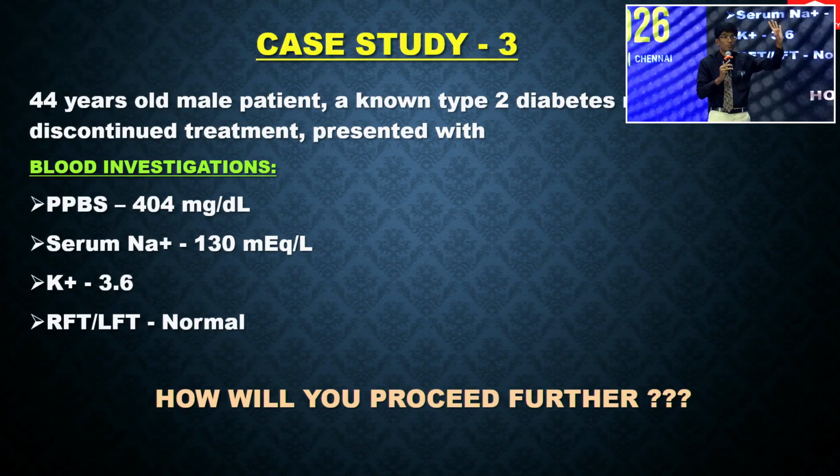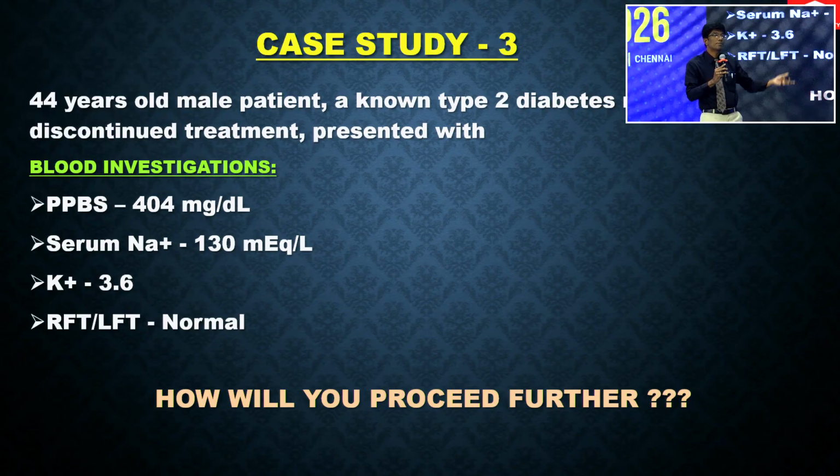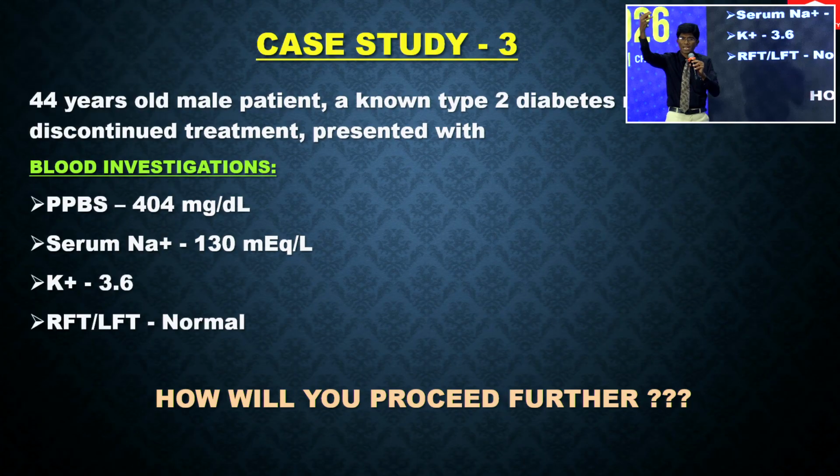That means there is hypovolemia. So the patient either harbors diarrhea, vomiting, something like true hypovolemia, or false hypovolemia like organ failure. Any patient who presents with low urine spot sodium, there is some form of hypovolemia, either true hypovolemia like diarrhea and vomiting, or false hypovolemia like organ failure.